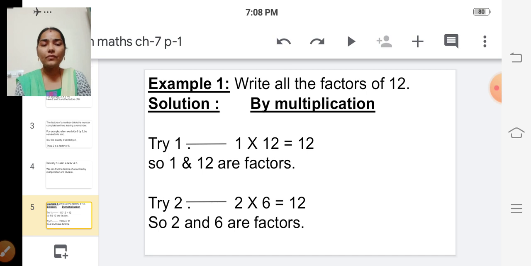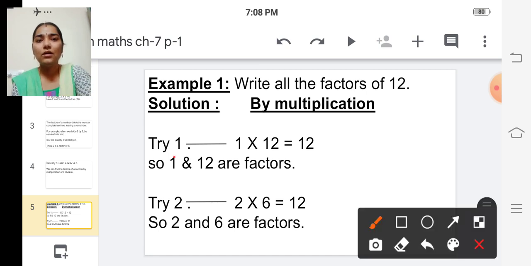Okay. So by multiplication, we have to start from the first table. If we try the first table, in the first table 12 will be there, isn't it? 1 12s are 12. So 12 is exactly divisible by 1 and 12, isn't it?